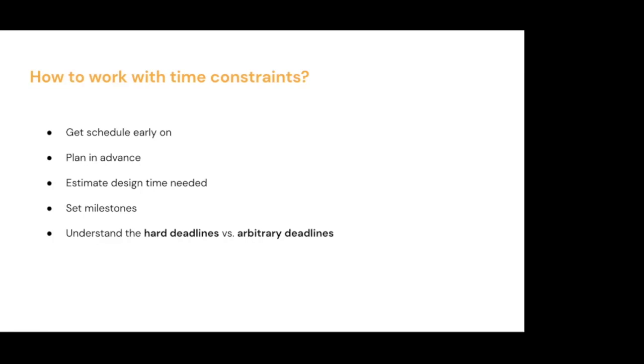Another thing is understanding hard deadlines versus arbitrary deadlines. If you're working on bigger products, you might have more time to work on a feature. It could be 3 months, 6 months, but again, it doesn't mean that you have the full 3 or 6 months to do all the design tasks. So understanding hard deadlines versus arbitrary deadlines is important.